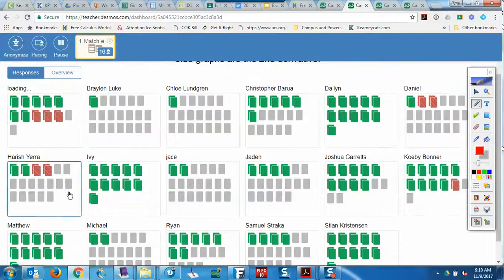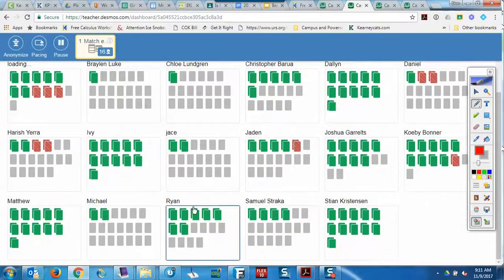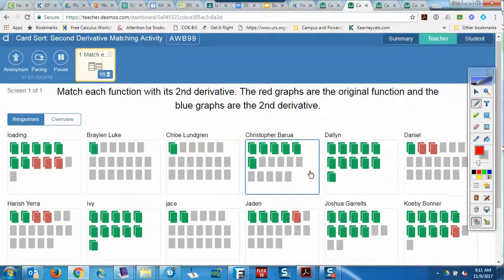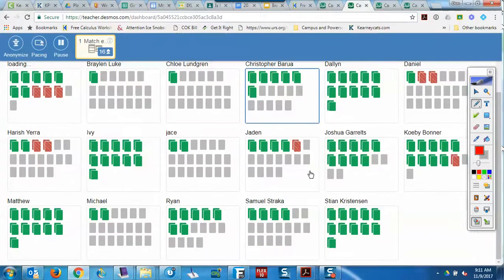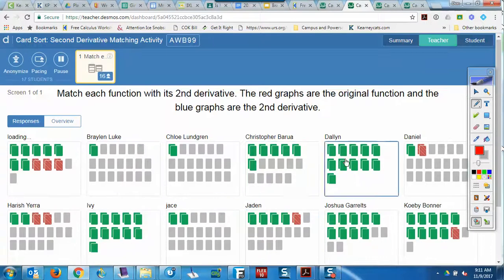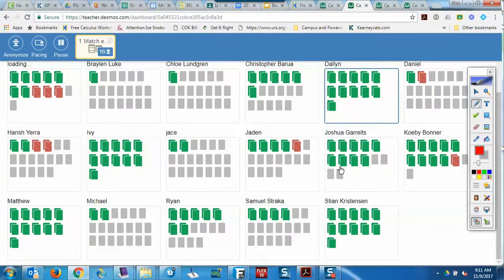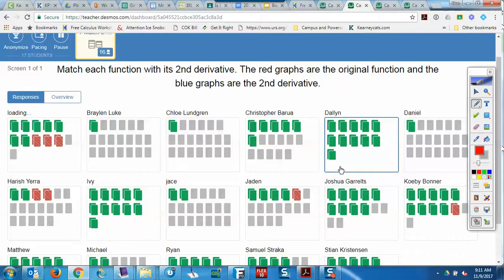Daniel, 2 bad pair. Harish, 2. Kobe, 1. Jaden, 1. That's all I see right now. Somebody's got 3 bad pair, but there's no name, so I don't know who that is. Haley, is that you? I don't see you on here.